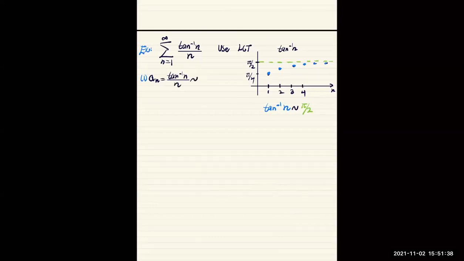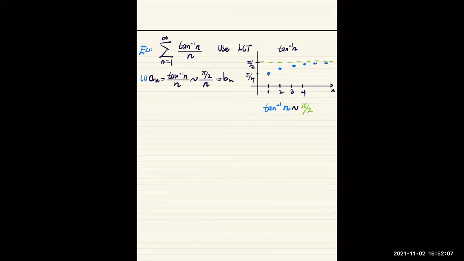The top is asymptotic to pi over 2, and the leading term in the bottom is just n. Leave it. Pi over 2 over n becomes your b sub n. Very easy. That's what you do whenever you have a tangent inverse of n.